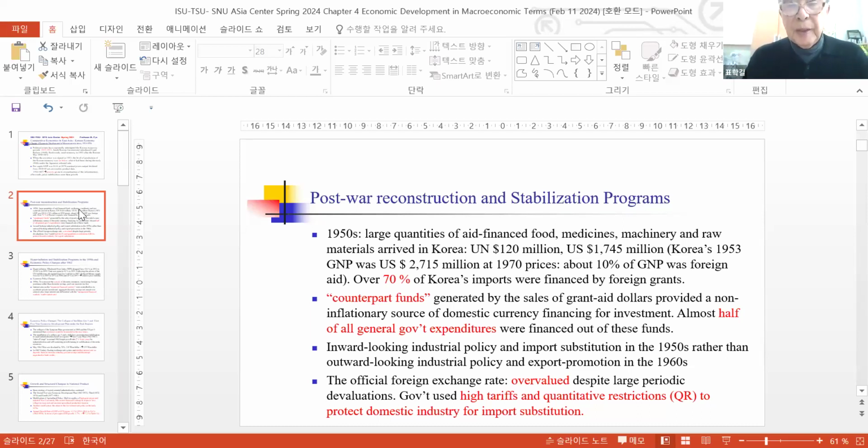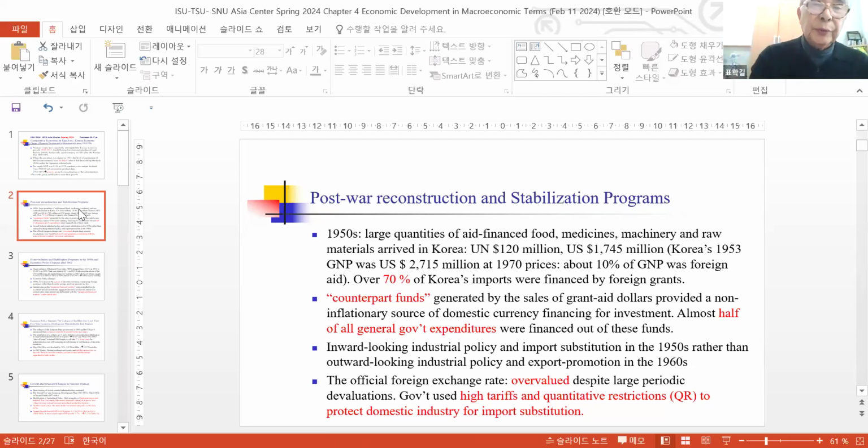What it means, if foreigners, particularly the United States, hand out dollars, so many $1 million, thousands of dollars to the Korean government, that will fuel Korean money.